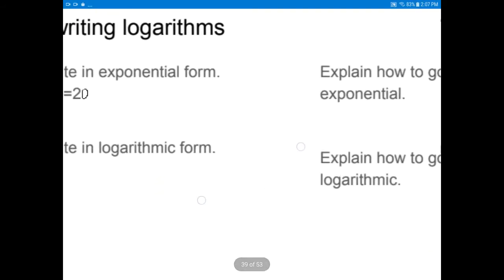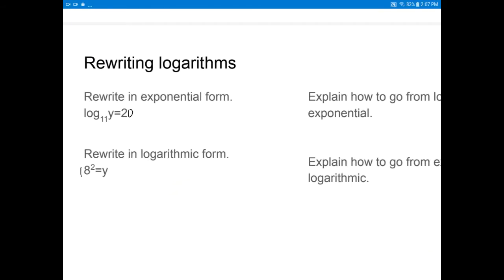Rewriting logarithms. Okay, so I did this just a second ago. Here we go.